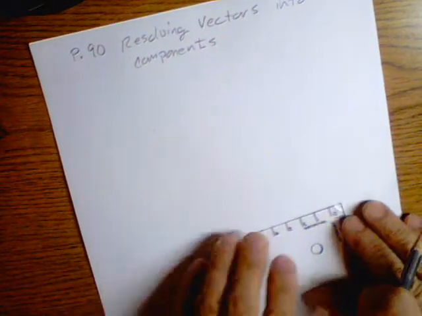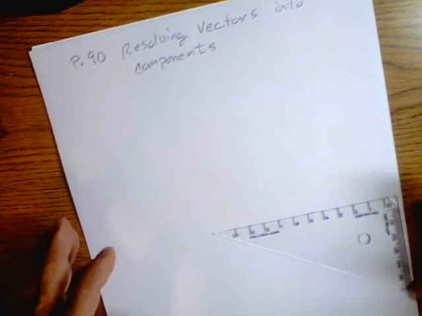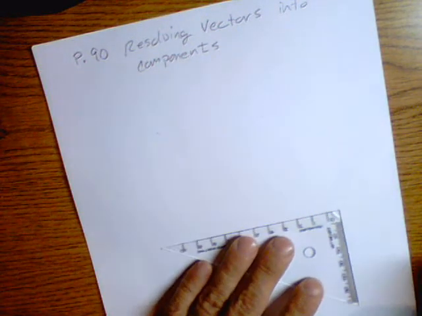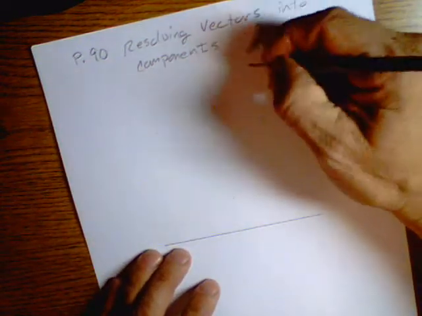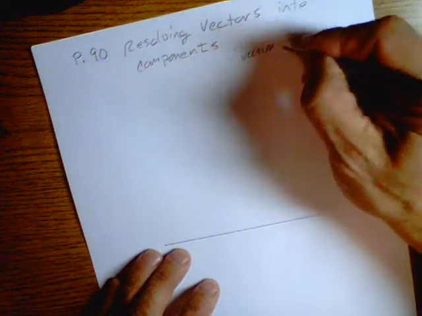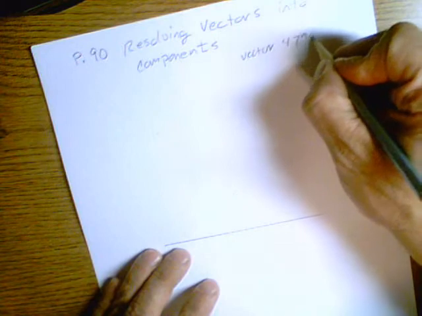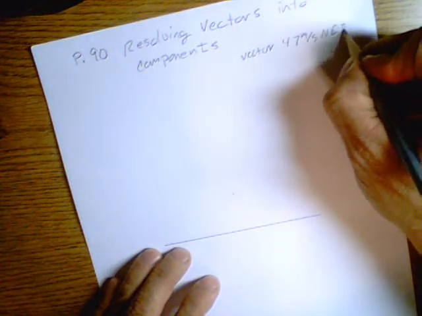First we need a vector, and in order to get a vector, let's start with the horizontal line here, and here's our vector. 47 meters per second northeast, 39 degrees.